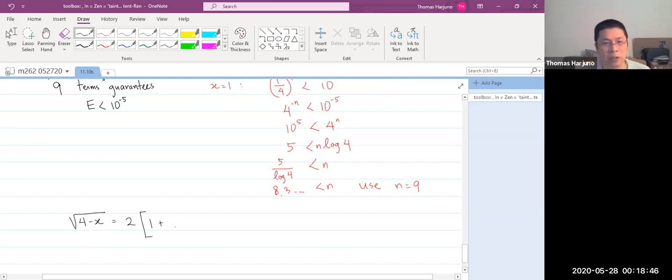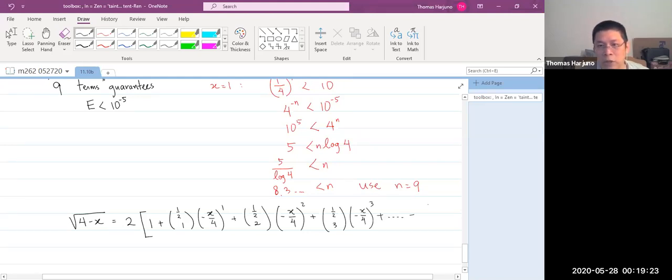The second term is 1/2 choose 1 times, oh, I'm sorry, not x, that's -x over 4 to the 1, plus 1/2 choose 2 times (-x over 4) squared, plus 1/2 choose 3 times (-x over 4) cubed, all the way to the 9th term. Actually, you will see it's not necessary to go that far.